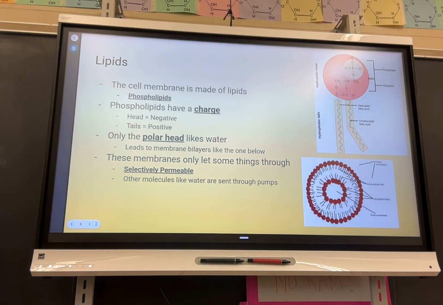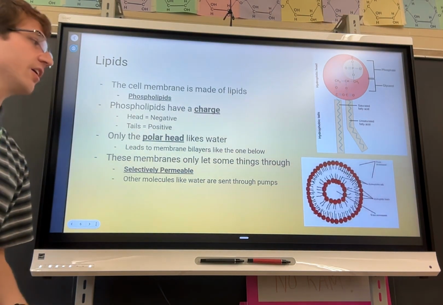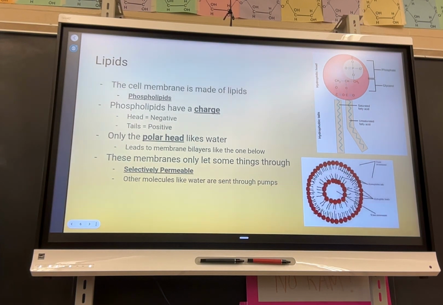Oxygen doesn't have a charge, it's just two oxygens stuck together. They're also small enough that they can fit through the cracks and just go into the cell. There's no need for a pump or anything. They can just sneak right through into the cell. So that is what we mean by selectively permeable. Some things are kept outside, some things are kept inside, and others are just allowed to move freely between them.